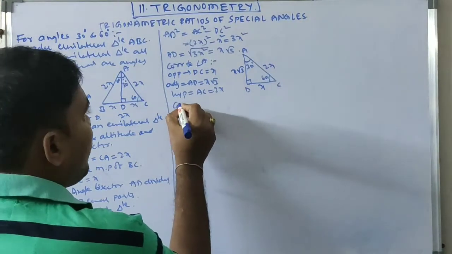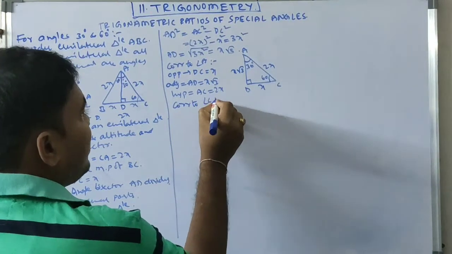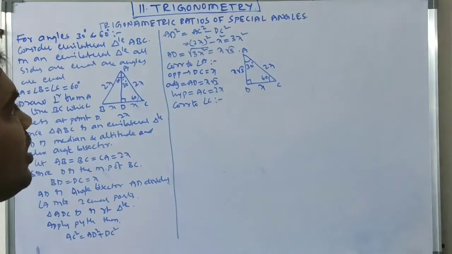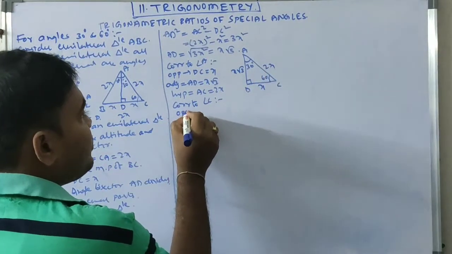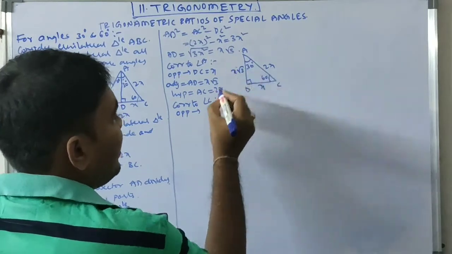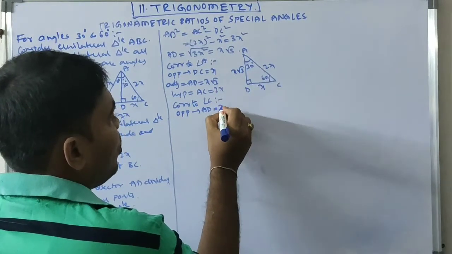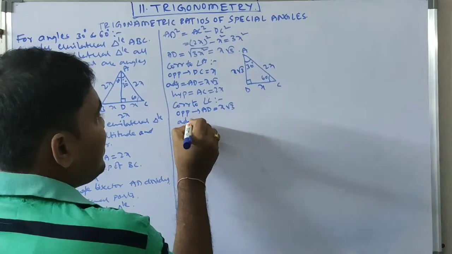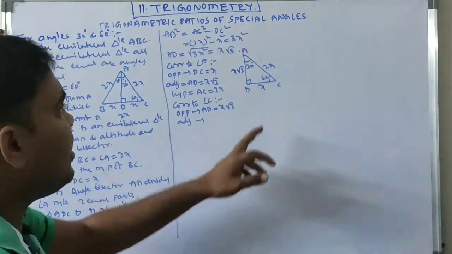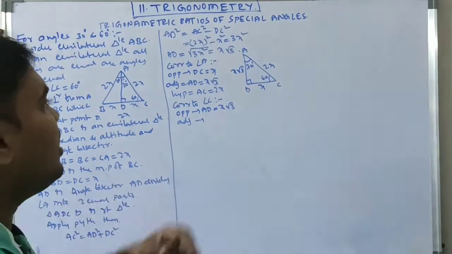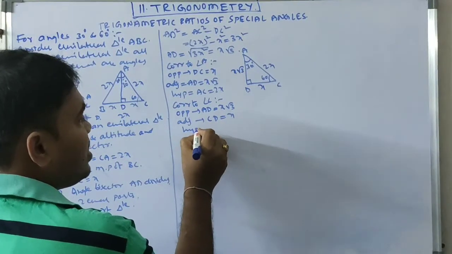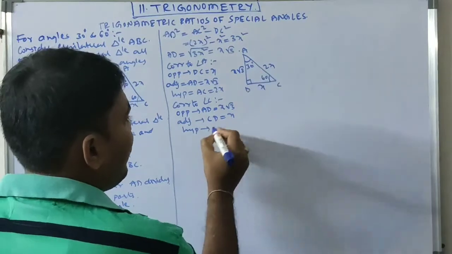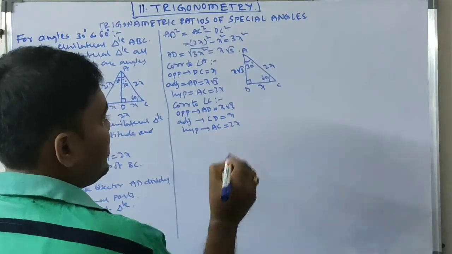Corresponding to angle C, the opposite is AD, equal to x root 3. Adjacent to angle 60 is CD, equal to x. Hypotenuse is always AC, equal to 2x.